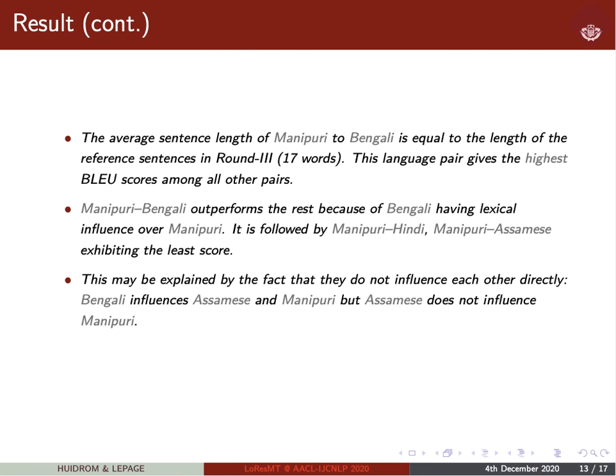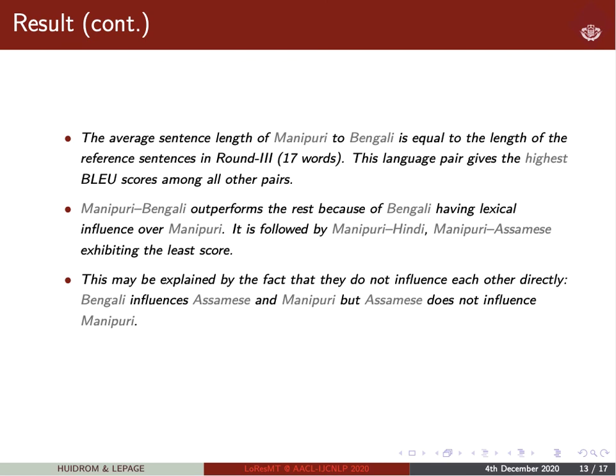The sentence length of Manipuri to Bengali is equal to the length of the reference in round 3, which is 17 words. And this language pair has the highest BLEU score among all the other pairs. So Manipuri to Bengali, as we saw earlier in the table, outperforms the rest.